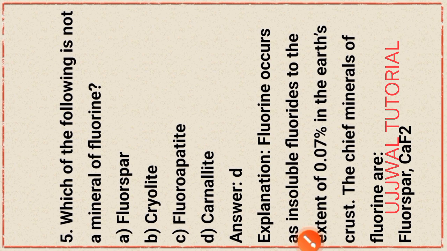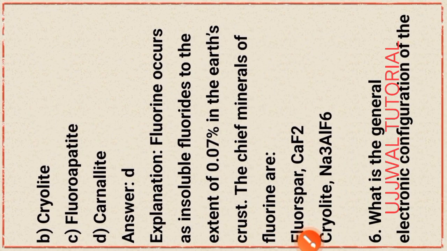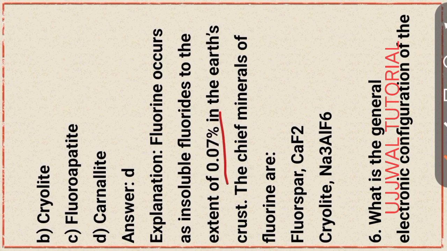Next question, question number 5: Which of the following is not a mineral of fluorine? The proper answer is option D, granulite. To explain, fluorine occurs as insoluble fluorides to the extent of 0.05% in the earth's crust.